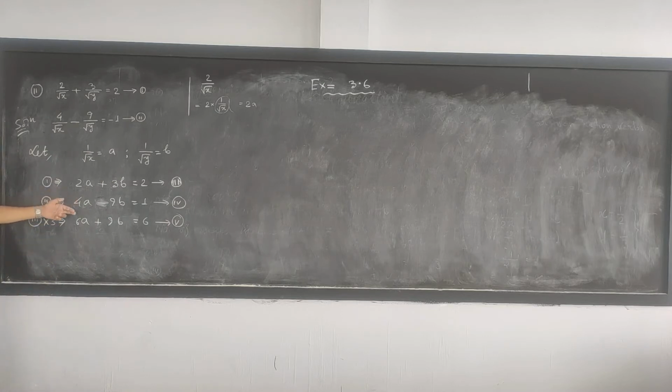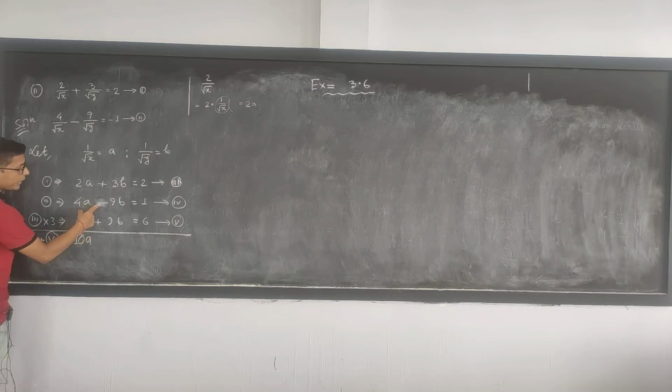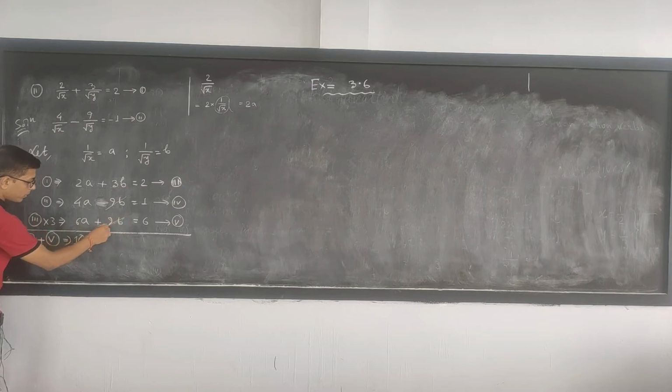Now equation 4 and 5, if you add them, you can put a line here and just add equation 4 and equation 5. If you do so, then it will become 4a plus 6a. 4 times a and 6 times a together is 10 times a. Then negative 9b and positive 9b get cancelled.